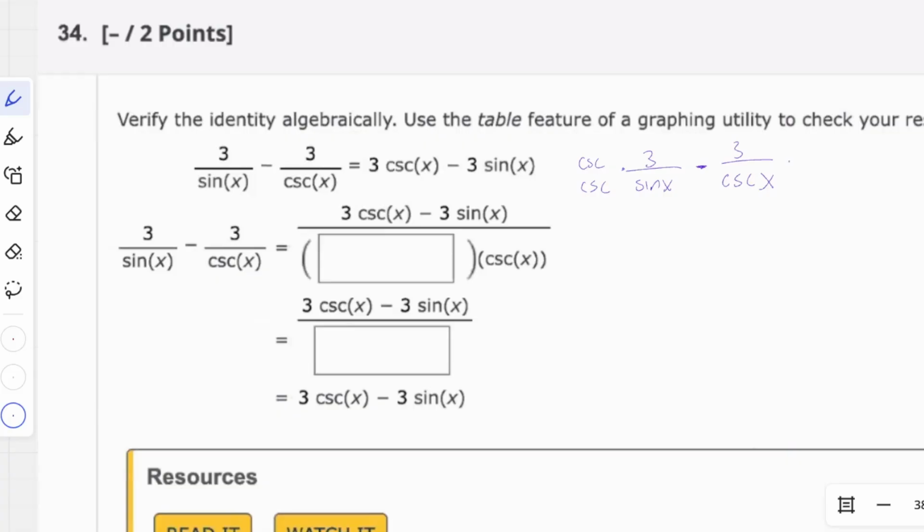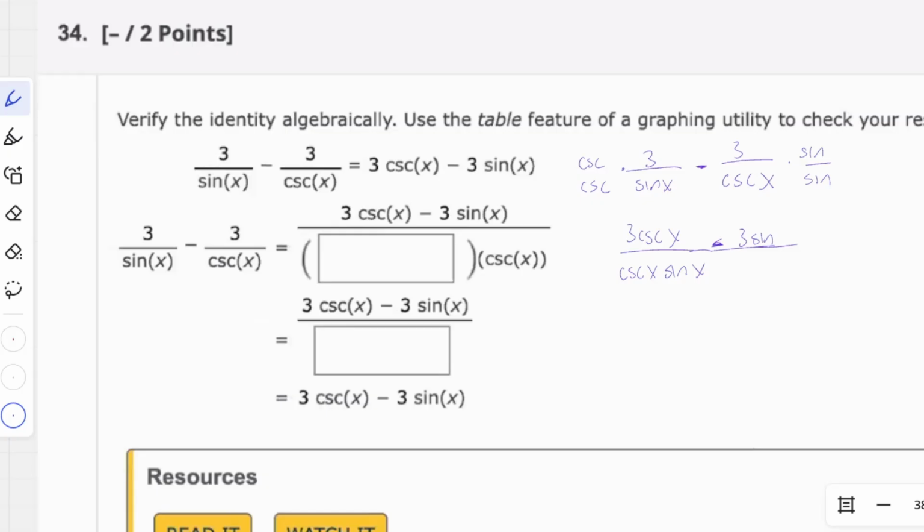So cosecant, and this one's sine over sine. So we get 3 cosecant x over cosecant x sine x minus 3 sine. And since this is going to have the same denominator, I'll just go ahead and skip that step and make it one big fraction.